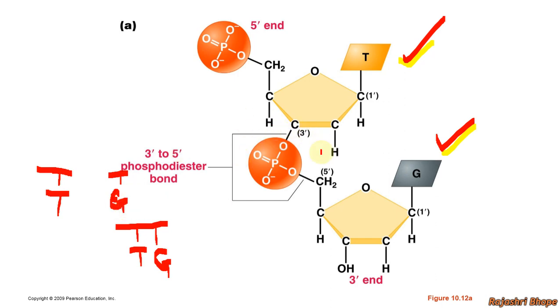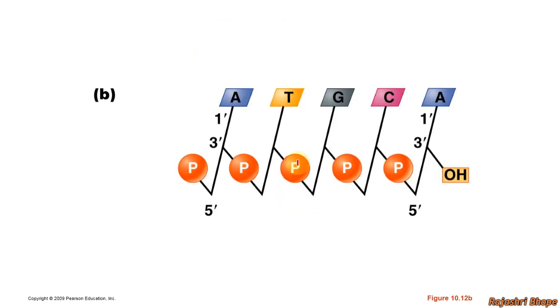The 3' OH of the previous base is linked to the 5' phosphate of the incoming or adjacent base. This is how the phosphodiester bond forms, and this is how the bases are linked to one another.